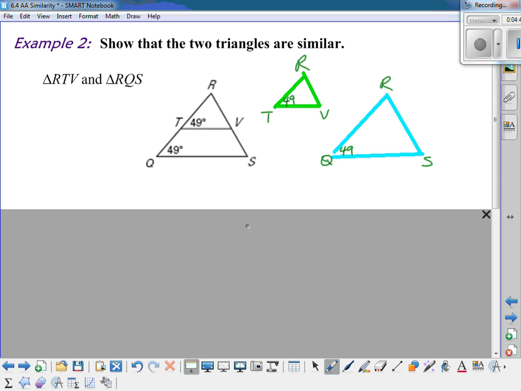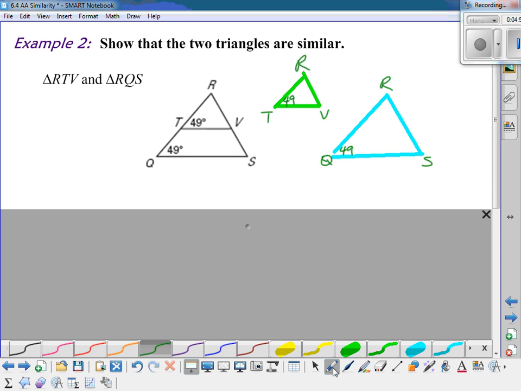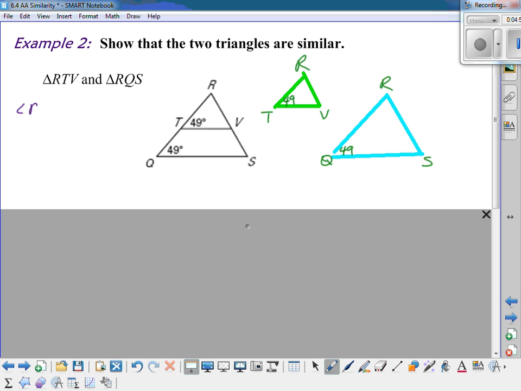Okay, so they gave me enough information in the figure to say that angle RTV is congruent to angle RQS, because they both measure 49 degrees. And then I see that I have an overlapping angle.